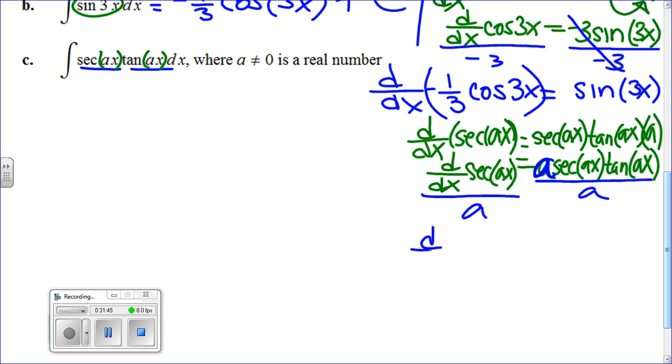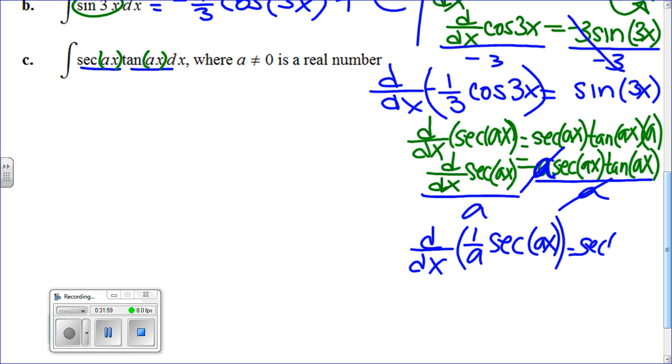So we could say d/dx of 1 over a secant of ax is equal to secant of ax times tangent of ax.